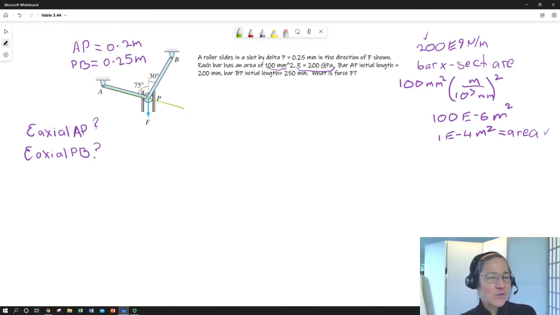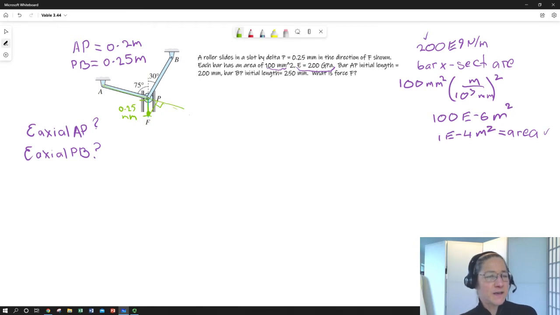So for that, we would use this relationship where we have our known deflection of 0.25 millimeters. And from that point that is 0.25 millimeters downward, vertically downward from P, we drop a perpendicular to a point on the extension of AP.